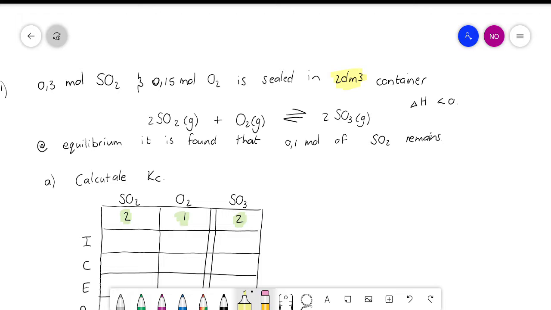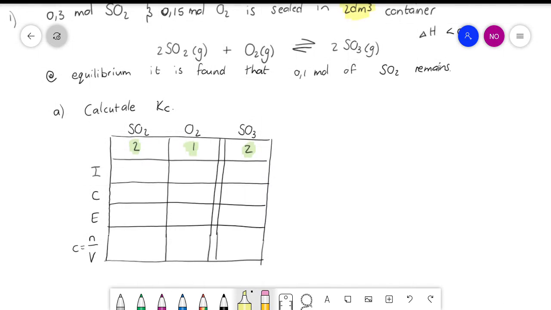I'm first going to do a Kc calculation, and then we're going to do some graphs because they sort of go together. They can also ask you something like what is needed for it to reach equilibrium, or what is necessary for a dynamic equilibrium.